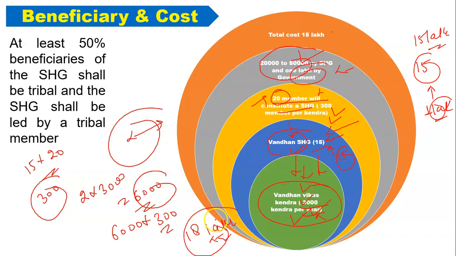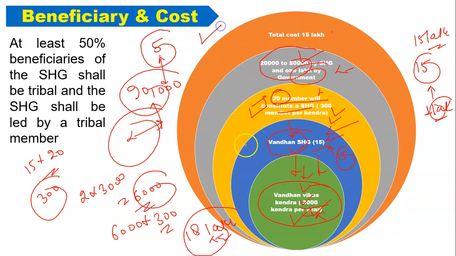And in this scheme, one member is taken from a single family. If we consider a family of 5 members and 1 member joins a self-help group, you will find that it is directly or indirectly helping 90 lakh people. So this is the total figure.